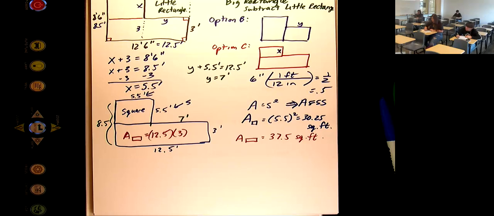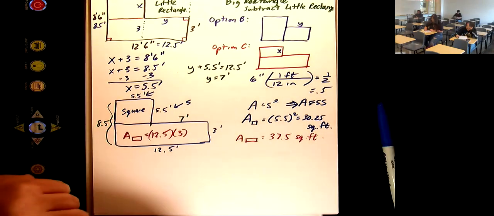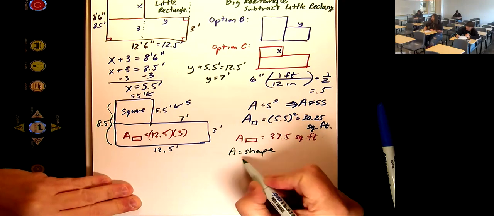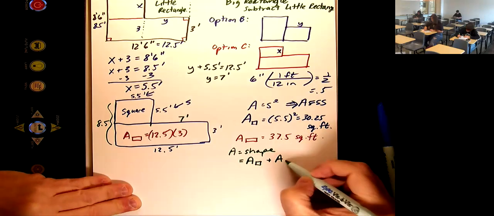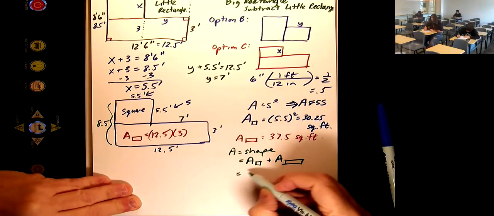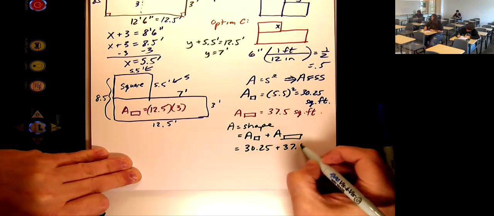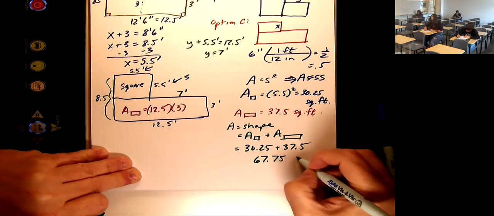So the whole area of the whole shape is adding them together. The area of the square plus the area of the rectangle. 30.25 plus 37.5 is 67.75 square feet.